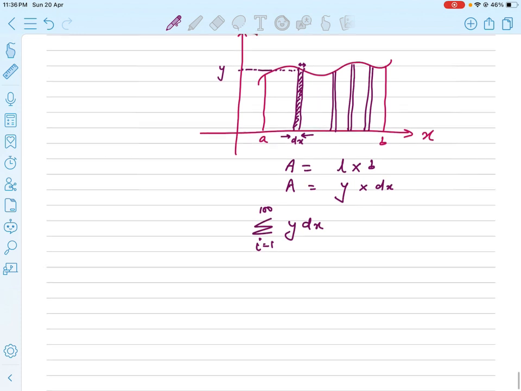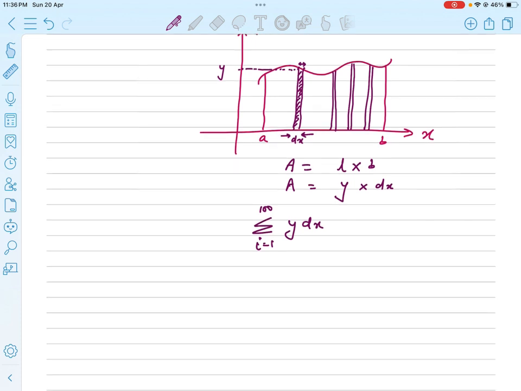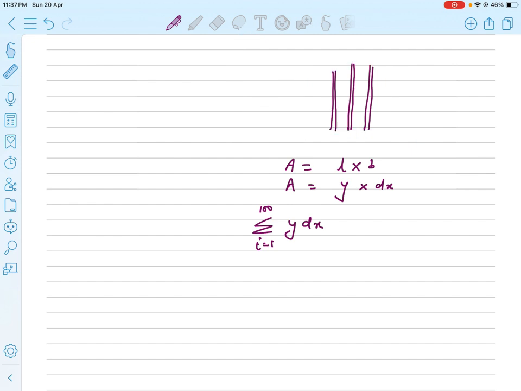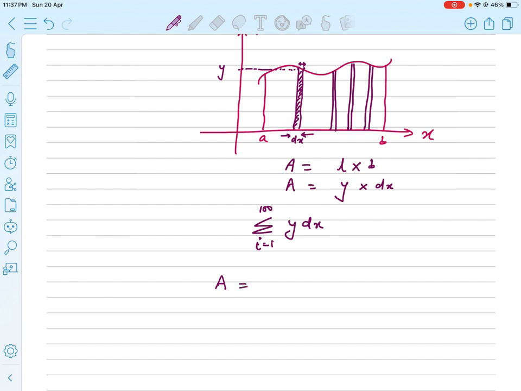So in that case, if there are an infinite number of strips and I keep on adding all the areas of the strips together, I will get the total area of the figure. So that area would be summation y into dx, and this summation will start from the first strip to an infinite number of strips.